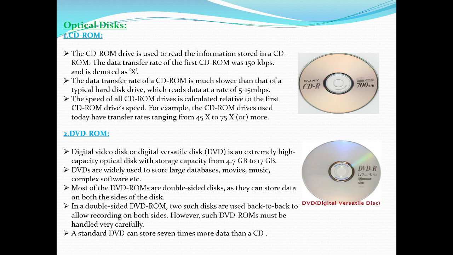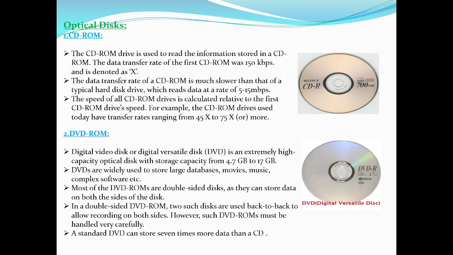And this was widely used compared to the CD-ROM. So why are we going to use them so widely? Because it has the capability of storing large data content like movies, music, and some complex software also comes in DVDs.